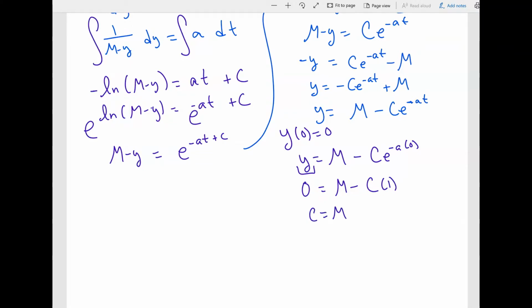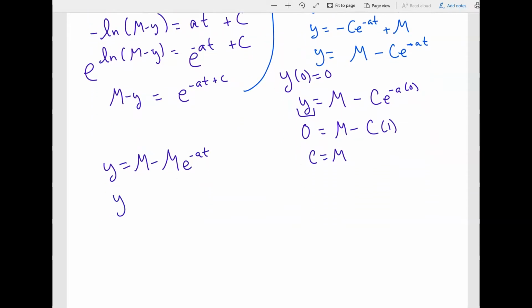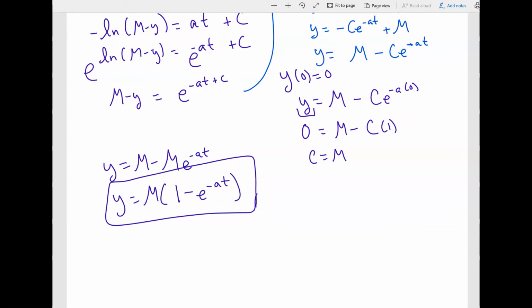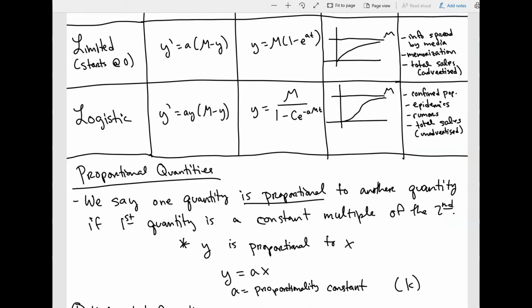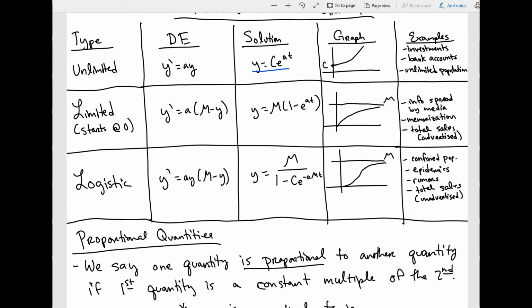So my solution is going to be y is equal to m minus m e to the negative a t. I take out an m, and I'm left with 1 minus e to the negative a t. So this is my solution with initial condition y of 0 equals 0, for limited growth. So if I wanted to model something with limited growth, then this is the differential equation that I started off with.